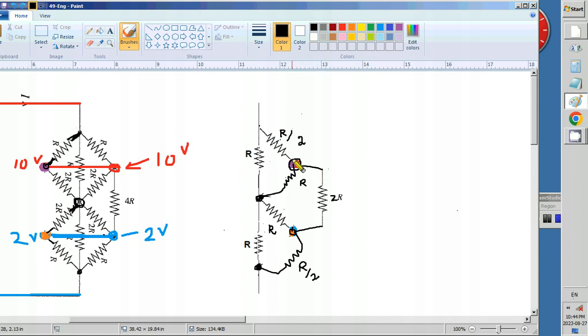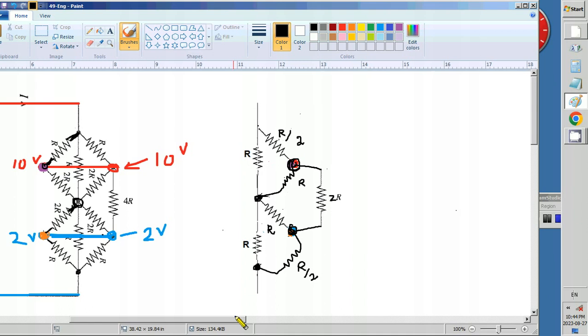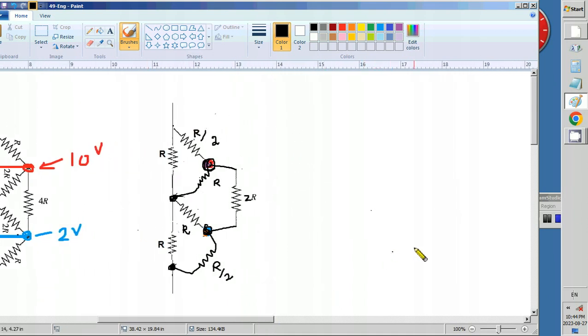We have soldered these two points, remember. Earlier they were two points, now we have soldered them into one. So now we have to do another trick. Let us discuss it now.